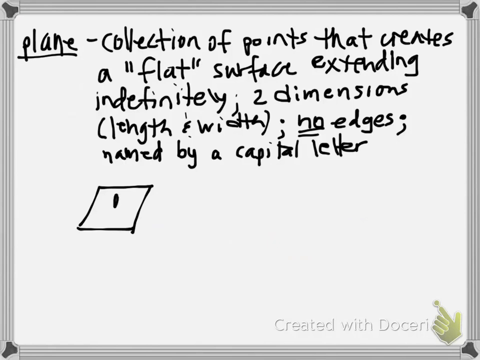You'll see a capital letter, which, by the way, represents what on that plane? It represents 1 point out of an infinite number of points. And we would read that as plane M. So M could mean a point, M could mean a plane. How you know which one is which is by looking at the context of the situation. Okay, if I took all the points that existed and looked at them as one big whole, what am I now talking about?